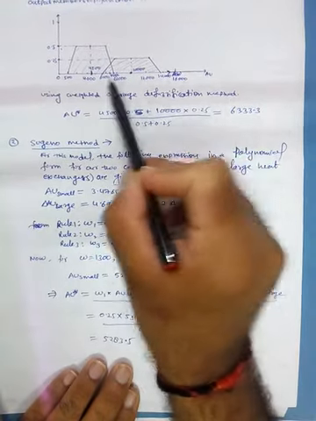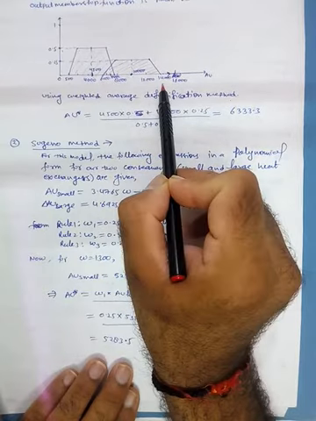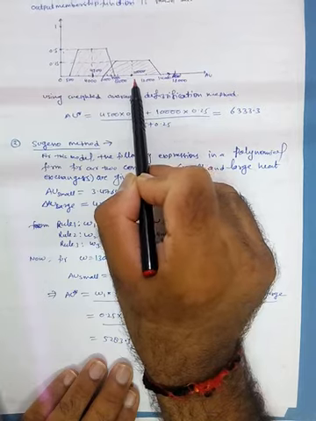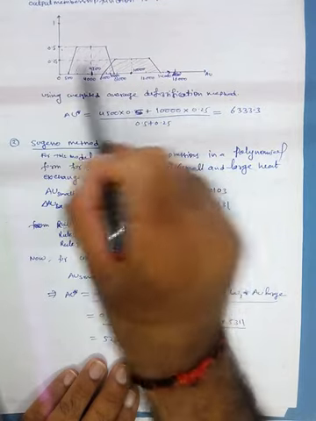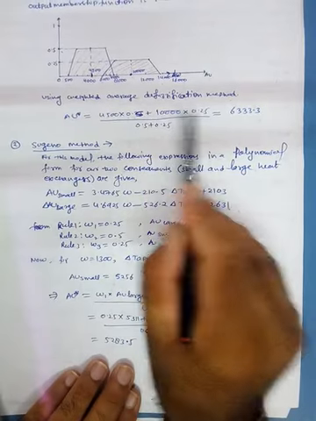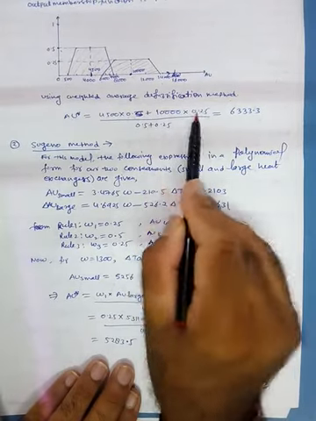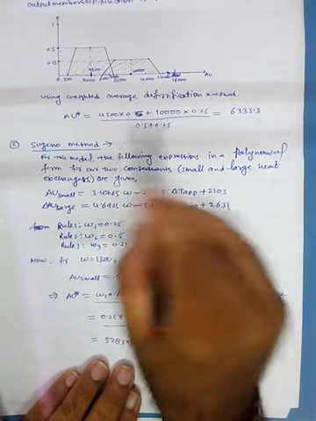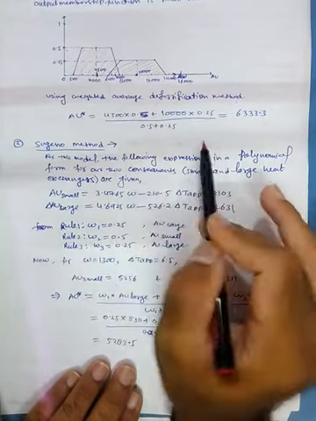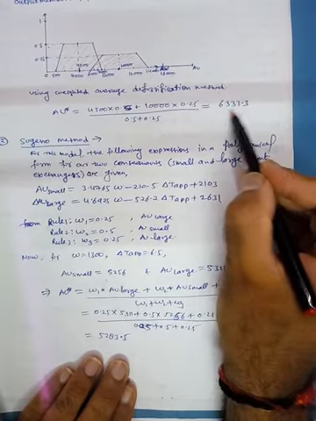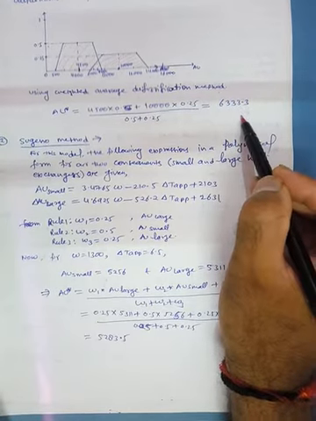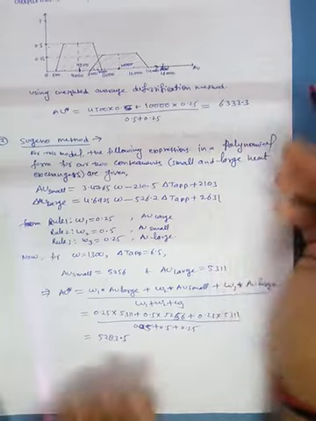Second area is this from 6,000 to 14,000 and the center is 10,000. So 10,000 is multiplied by the height. Height is 0.25. So this divided by 0.5 plus 0.25, the sum of their heights. Basically this is the weighted average. So we calculated the weighted average. Fine. This is 633.6. This is the crisp output.